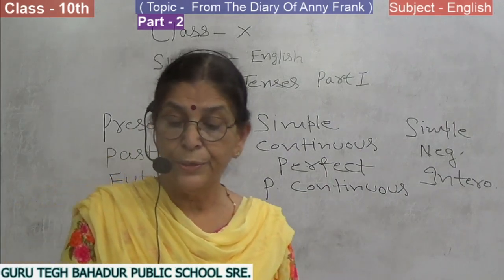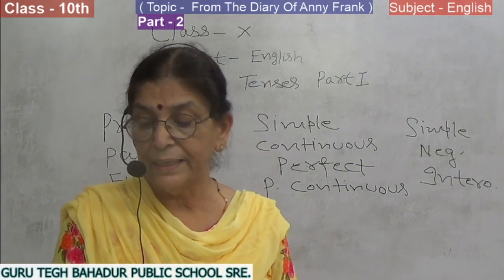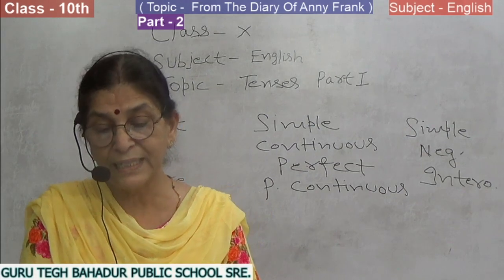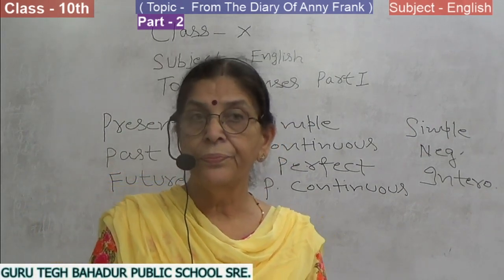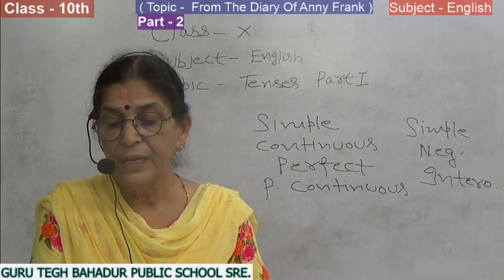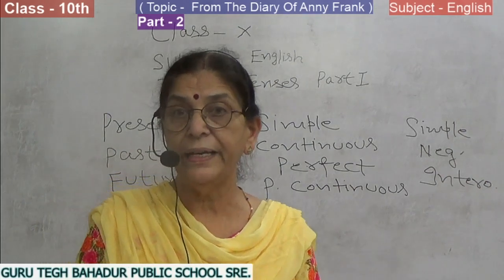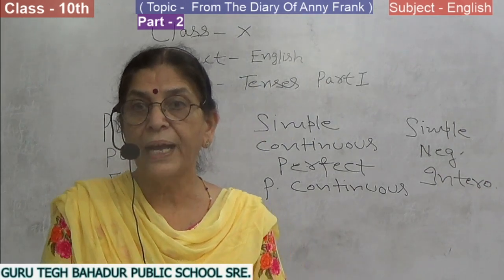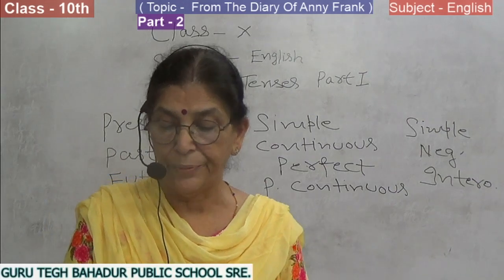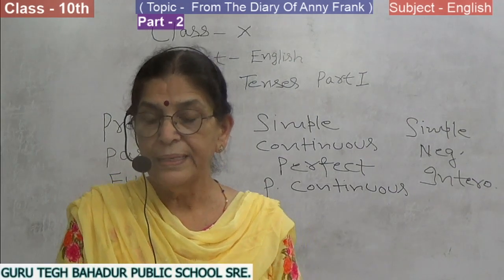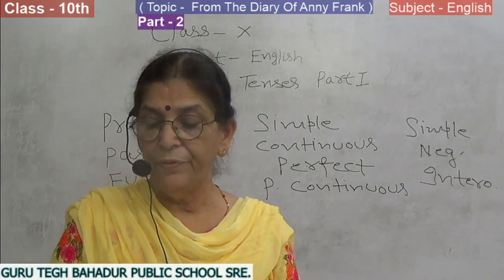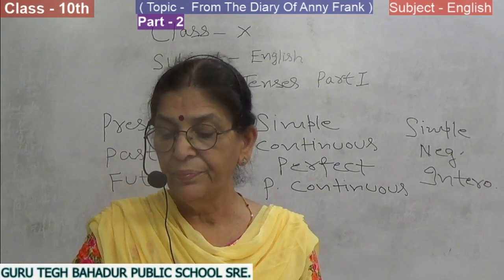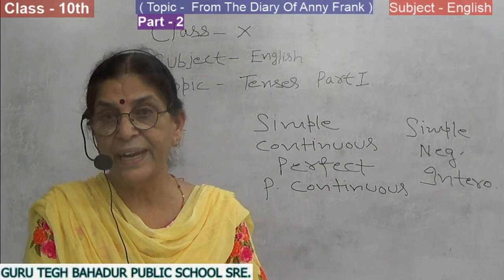As far as uses are concerned, where can we use this tense? Number 1, for habitual actions. Its example is, he goes for a walk daily. It is a habit. Then number 2, scientific facts. Example: water freezes at 0 degree centigrade.